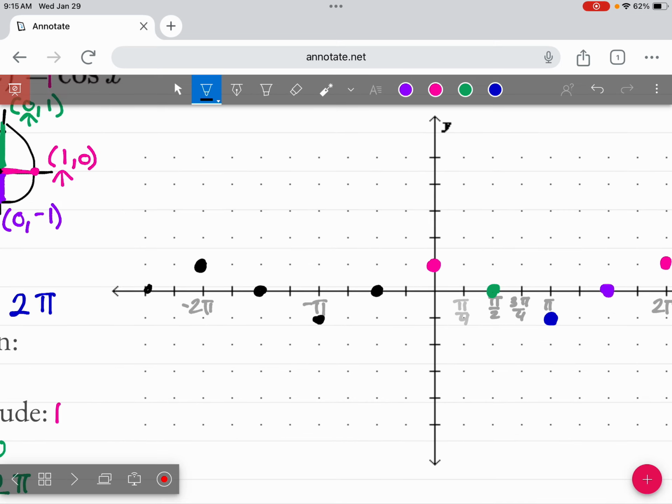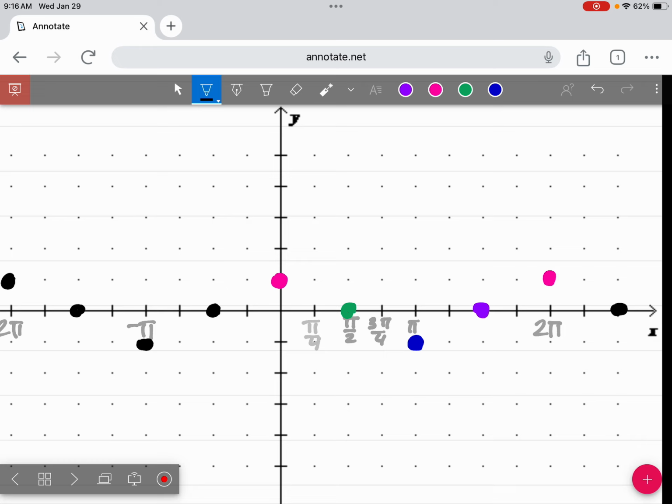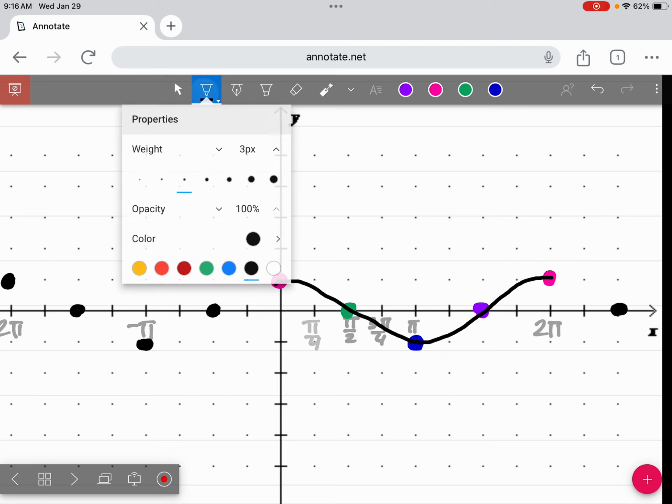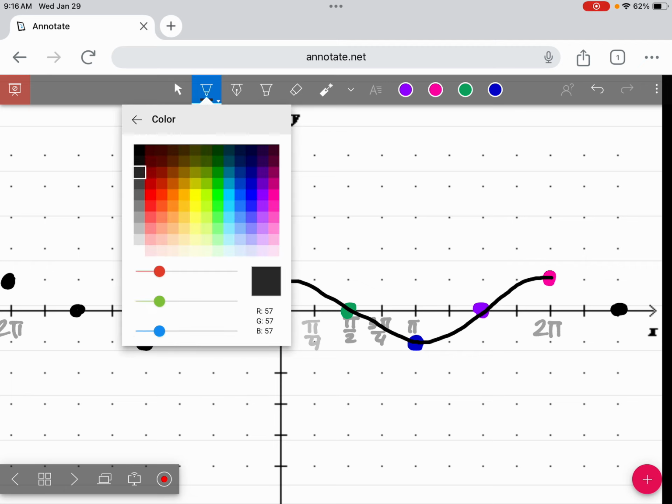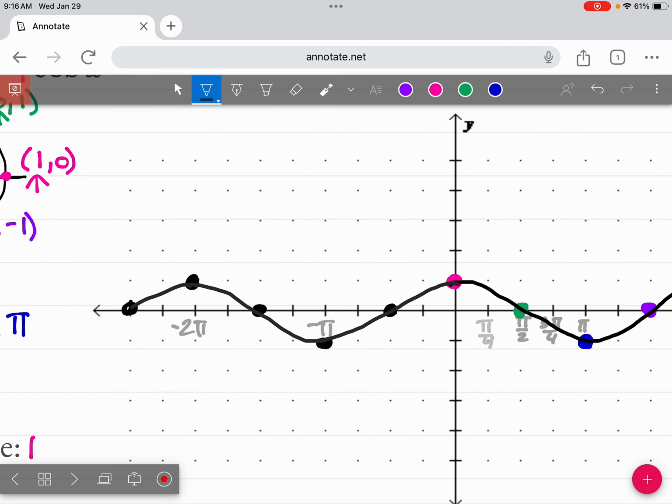That helps me spot the pattern when I'm filling things in, to get all my points. So our initial period was this guy. And then the rest of our graph, filling that in, we get this. It's going to keep going out like this.